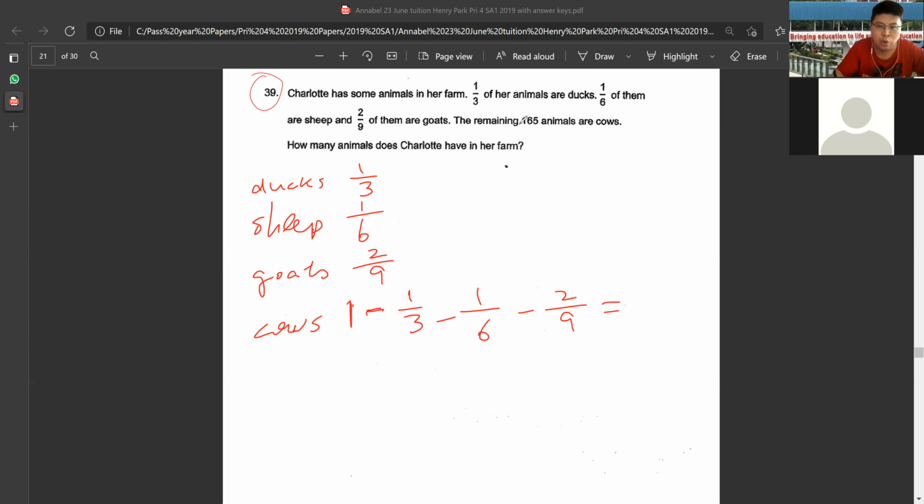That fraction is equivalent to 165. So what is one whole minus all these fractions? First add all these fractions together. What do these fractions add up to?